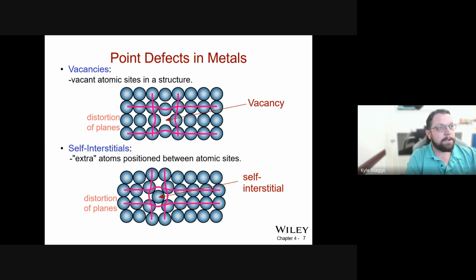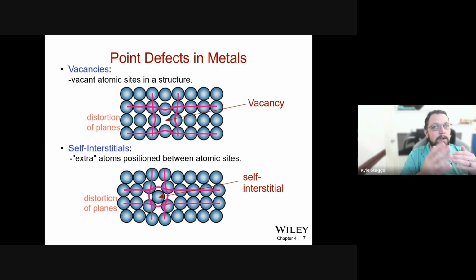The self-interstitials are distortions along this plane that have a similar kind of effect going the other direction. The interstitial is an atom that's often of a different size. It can be of the same size, but it often will be of a different size.